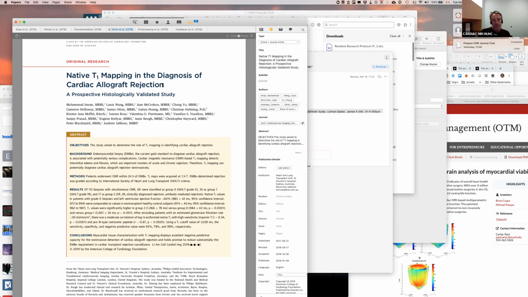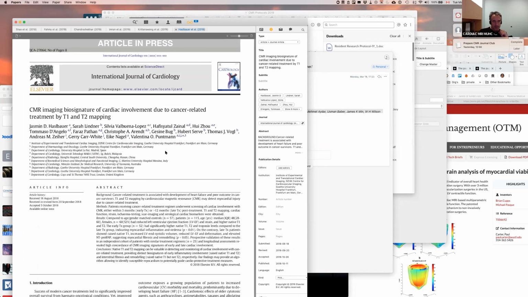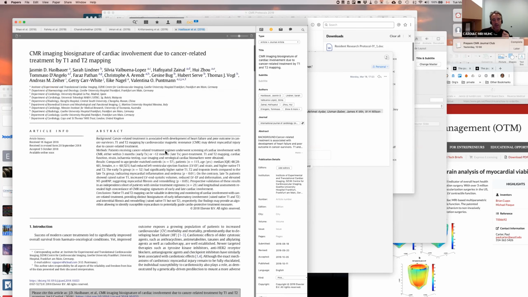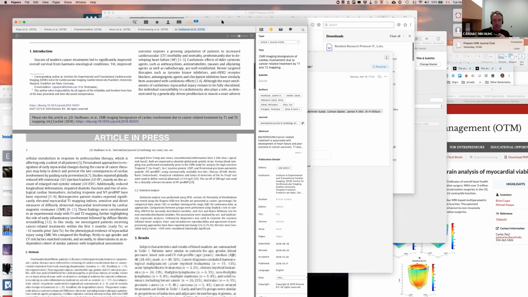Now it was time for a multi-center study with histological validation, and that has been done here. So we will discuss that. And another paper by the group of Eike Nagel and Valentina Puntmann, looking at the combined role of T1 and T2 mapping in cardio-oncology. So these will be the papers we will discuss in 2 weeks from now.